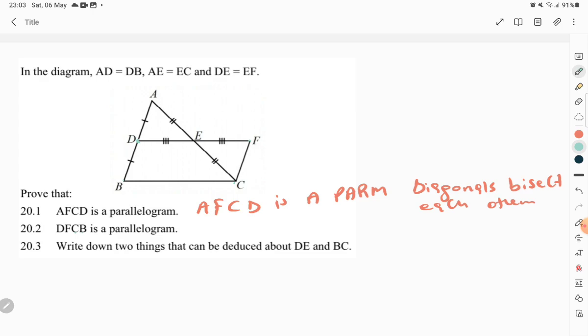Then if that is the case, we can tell that... So what we can do then, we can just say DFCB is a parallelogram. So we need to prove that DFCB is a parallelogram. We can either prove that DF is equal to BC, whereas we can also prove something else.